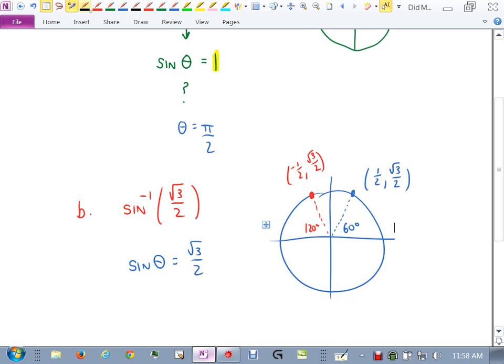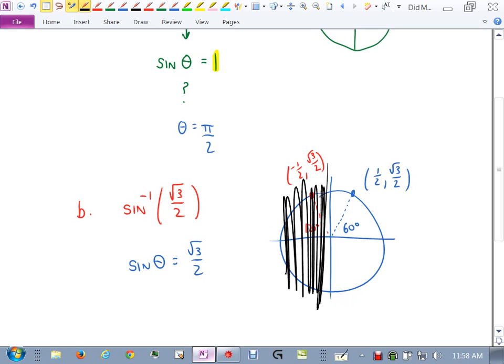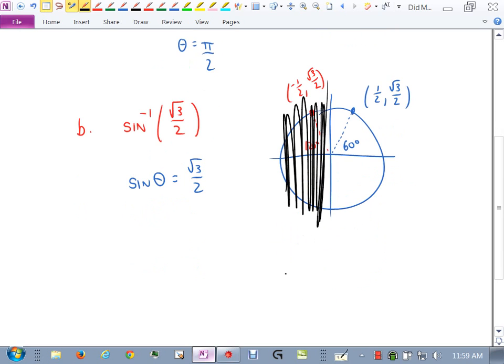So when we restrict it, we are cutting off the entire left side of the unit circle and saying you're not allowed to be there, which means the only answer it can be is 60 degrees. If you don't cut it off, then you have two answers, and that violates what it means to be a function. You plug something in, it spits two things out. That's not a function.